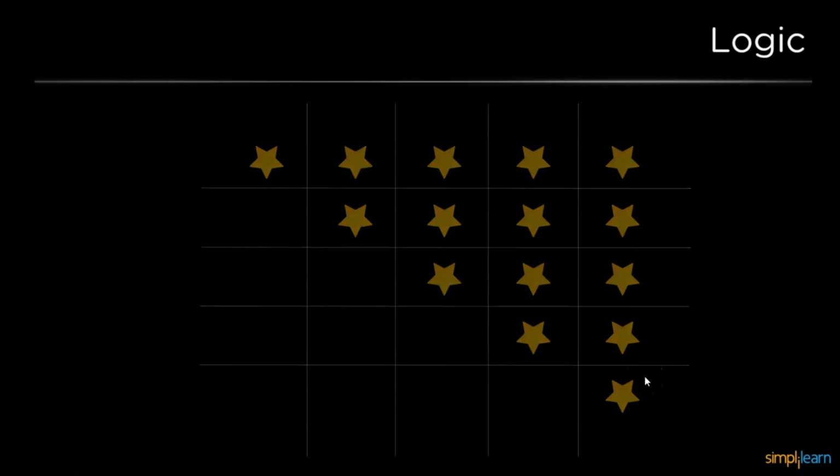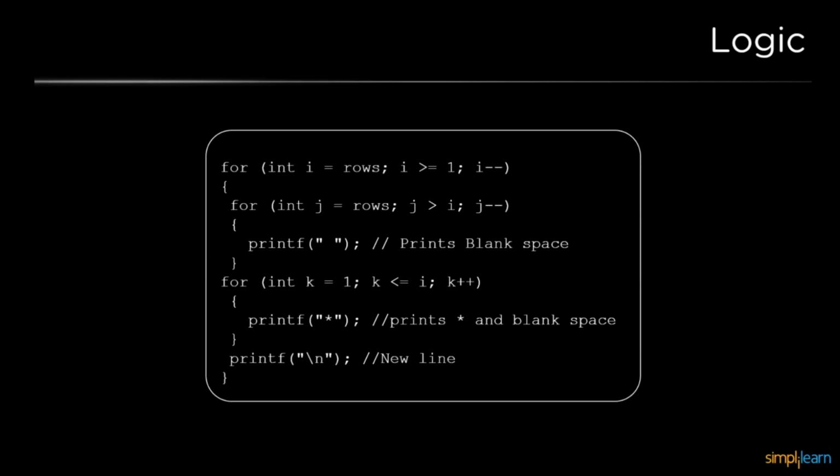So here let's see the logic. As you can see here, it first prints the blank spaces. Similar to our previous program, here also we have a for loop to print the blank spaces. And here again we have a k counter variable to print the stars. So let's execute the program and see the output.